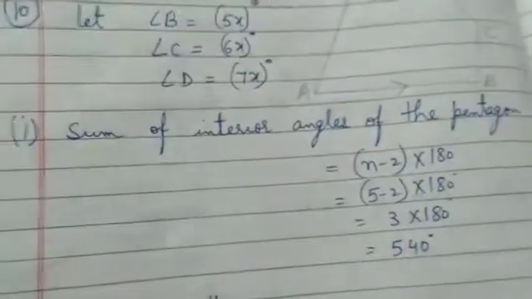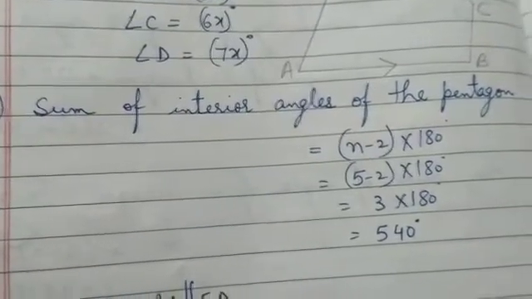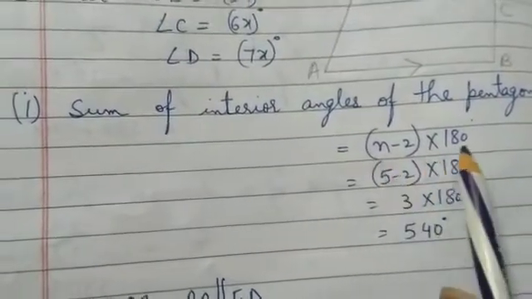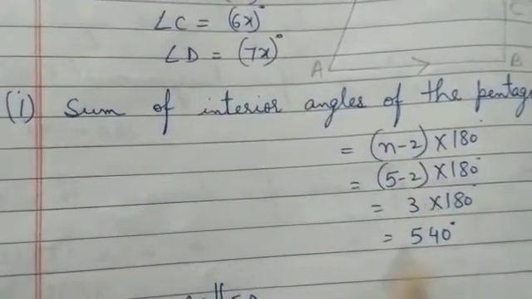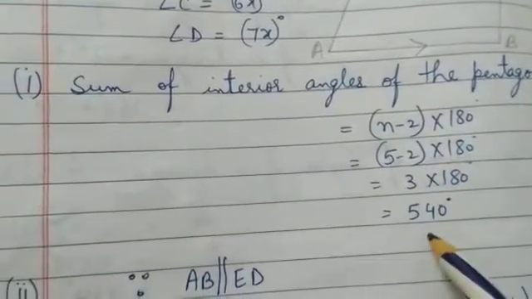Now in subpart 1 we have to find the sum of interior angles of the pentagon. So we can apply this formula, n minus 2 into 180 degree. Since it is a pentagon, n is 5. So 5 minus 2 into 180 degree, and finally it will come 540 degree.